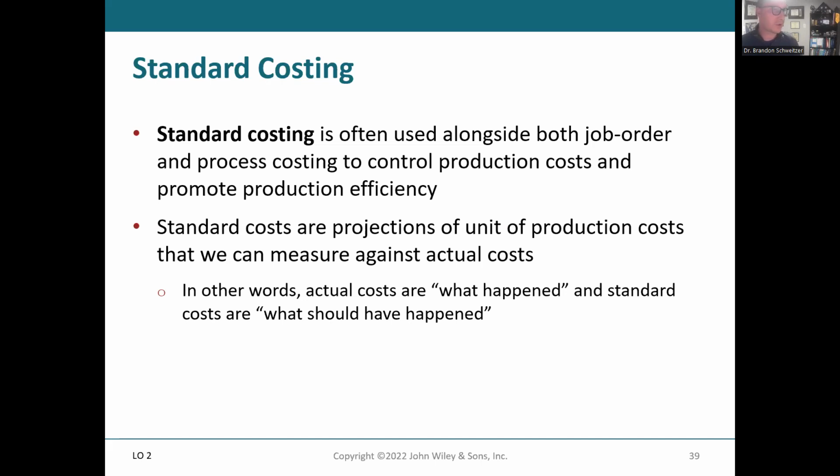You may have also seen this, and I'm sure you have, in what we call variation, right? Where we take the actual minus the standard. That gives us the difference, right?